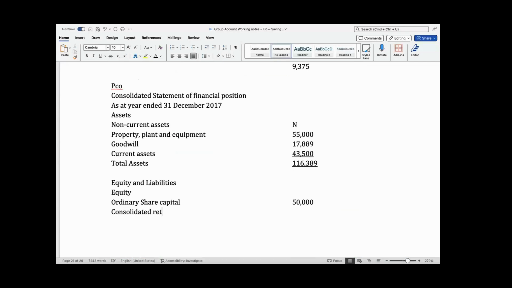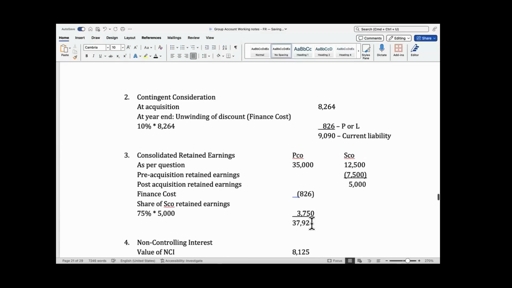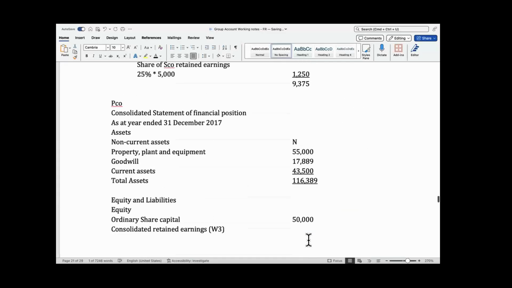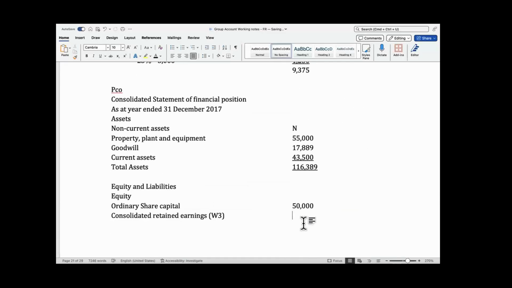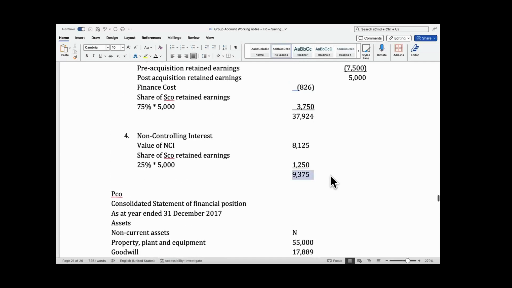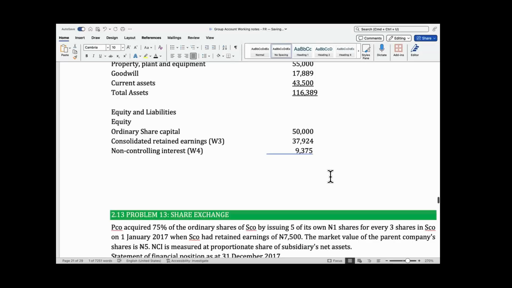Then consolidated retained earnings, from my working, was 27,924. Then the next item will be non-controlling interest, which is working four, and from working four, it was 9,375.